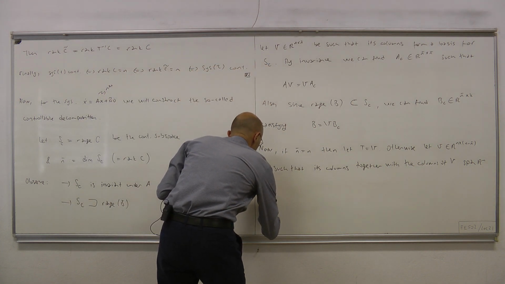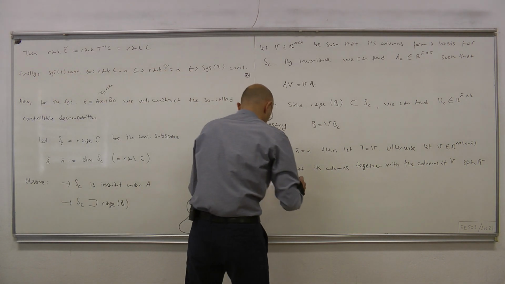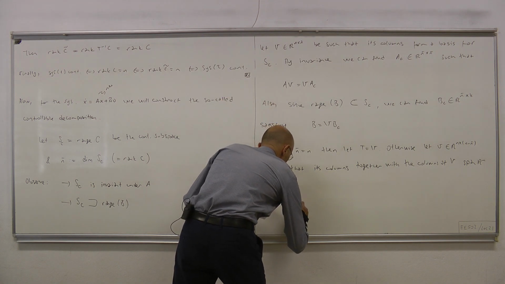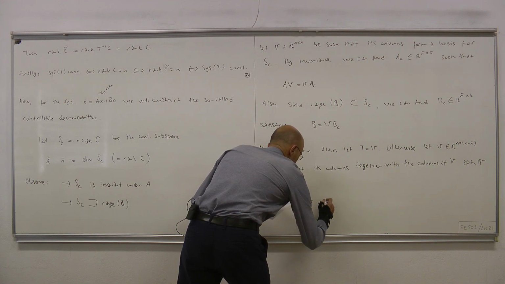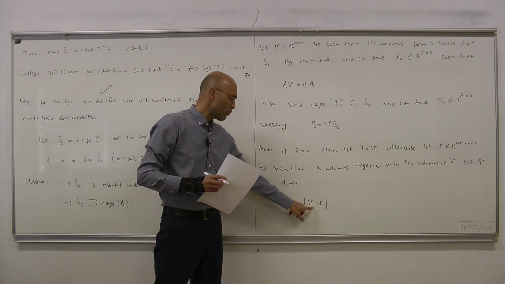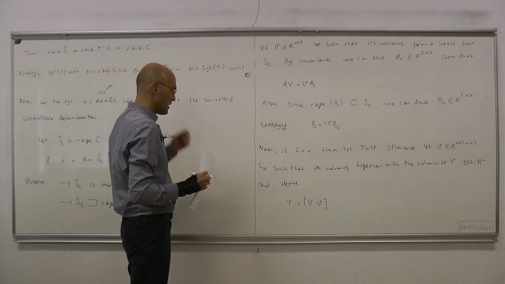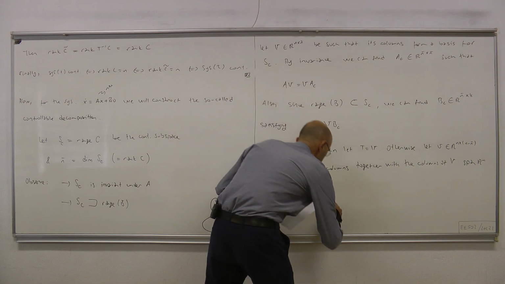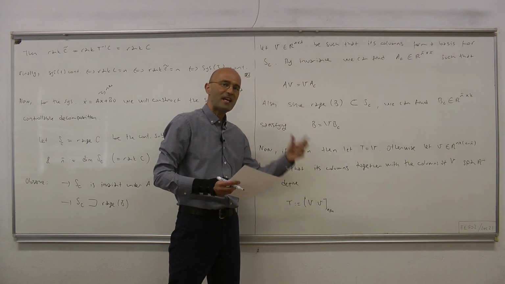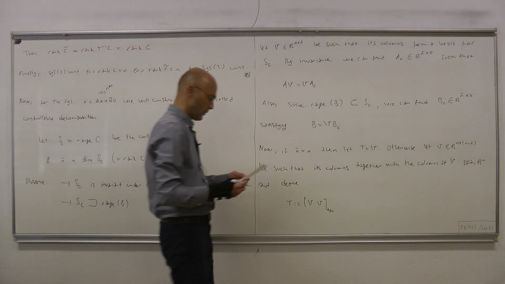Spanning Rn, and with that U we finally define our transformation matrix, T, as this matrix where the first n bar columns come from the columns of V, and the remaining n minus n bar columns come from the columns of U. This is a square matrix, and since together they make a basis for Rn, clearly this T must be invertible.